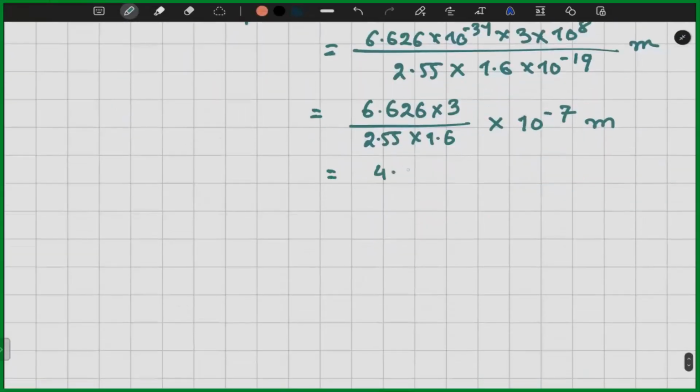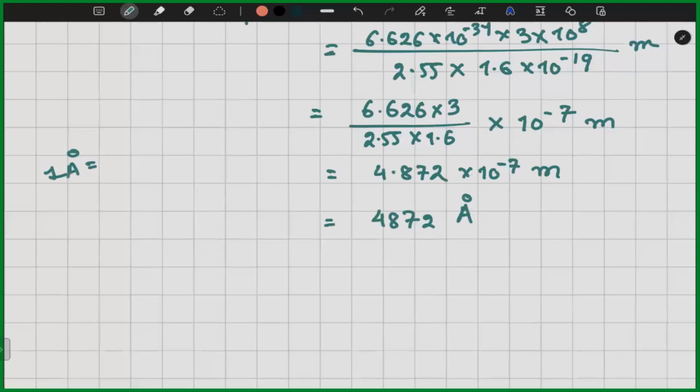It is 4.872 into 10 to the power minus 7 meter. So it is 4872 angstrom. Okay. Because 1 angstrom equals to 10 to the power minus 10 meter.